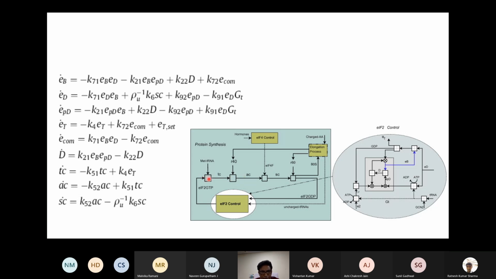So this is 5, 1, the 5th reaction, 5, 1, 5, 2, 5, 3. That's the way it's done. There would be a nomenclature for this, but you can clearly see that there's one rate that is synthesizing it, one rate that is removing it, and that is getting captured here. It's very clearly shown.